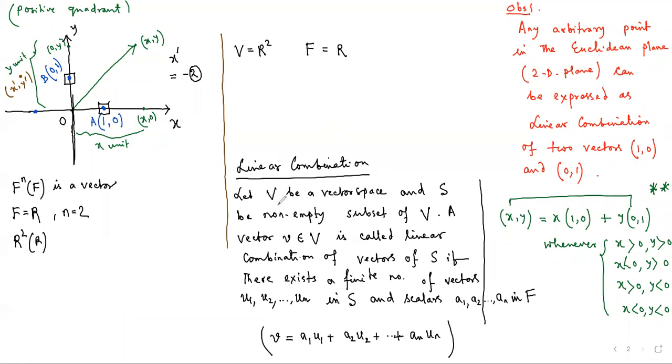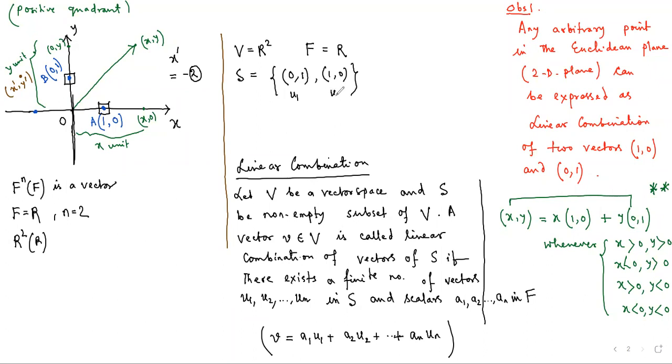So we have got our vector space V. Now we are considering the set capital S. In this particular set, we are choosing the two elements 0, 1 and 1, 0.